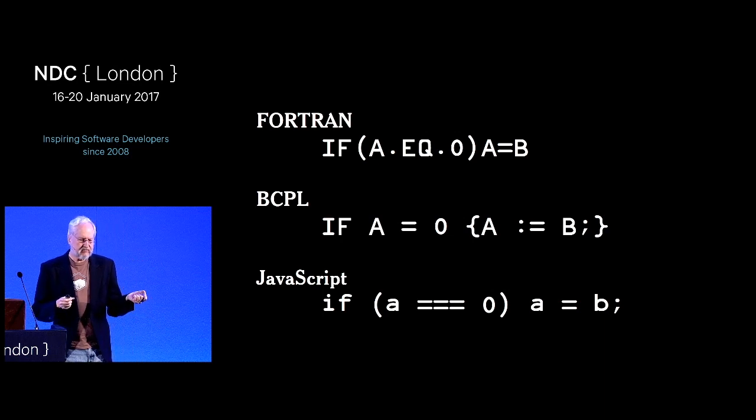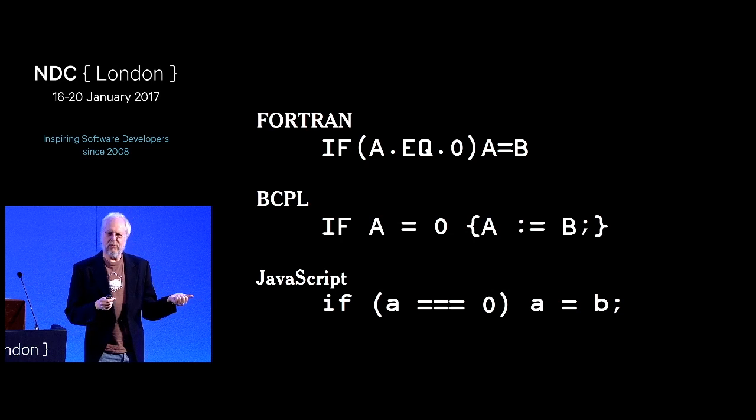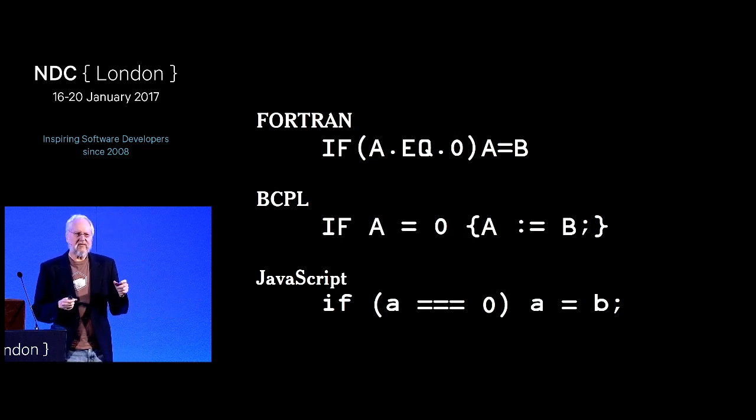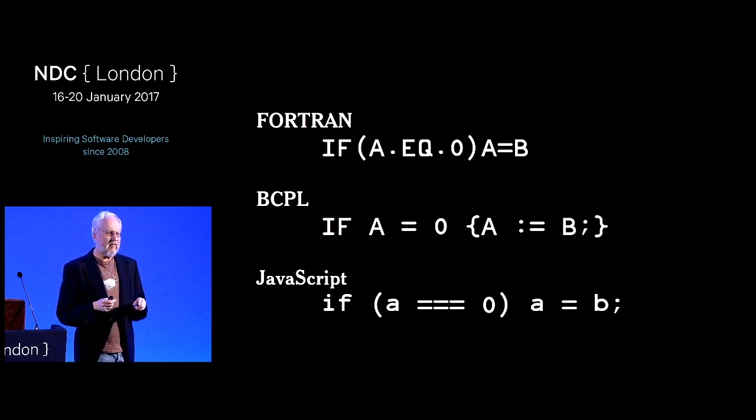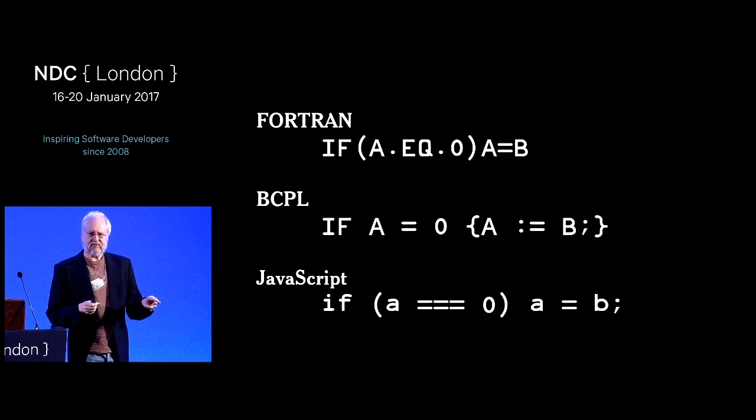In Fortran, lowercase hadn't been discovered yet when Fortran was made, so everything was all in uppercase. In Fortran, spaces were not significant, so that if you said if space A, that looked exactly the same to the compiler as IFA.